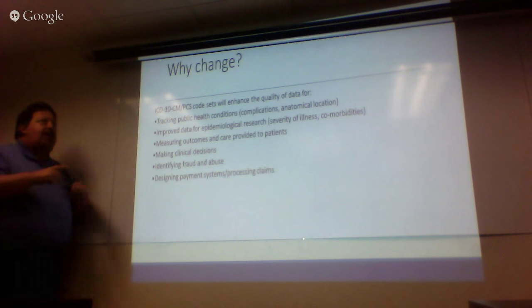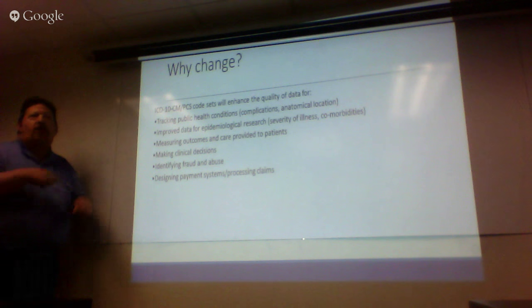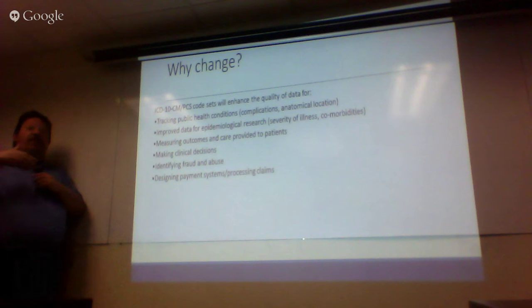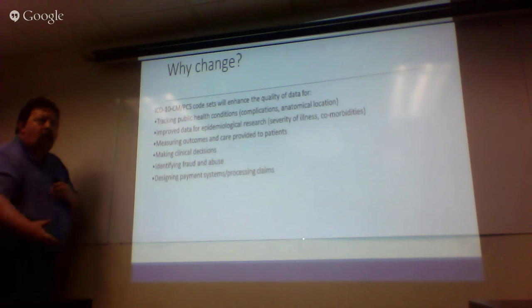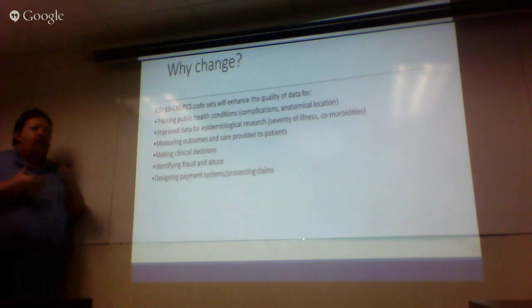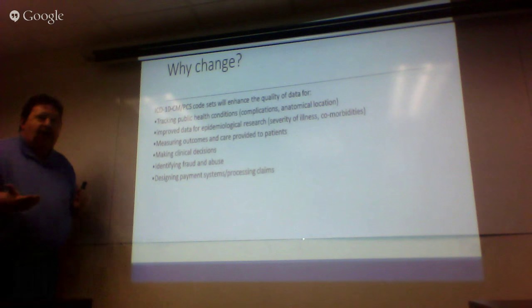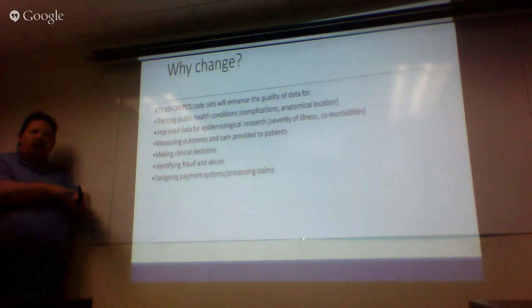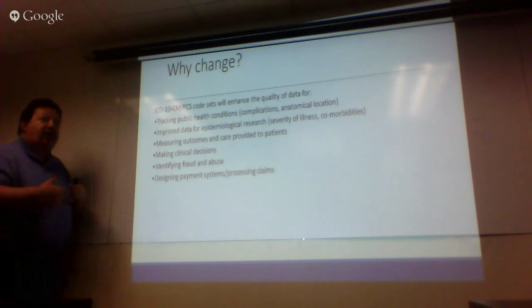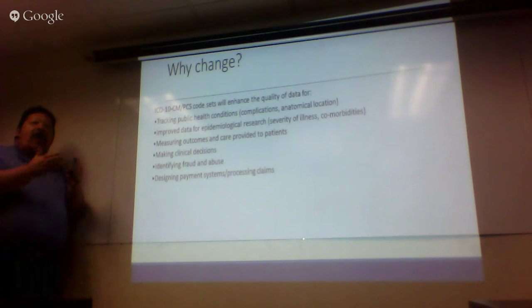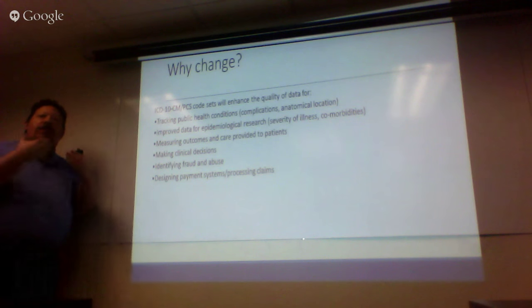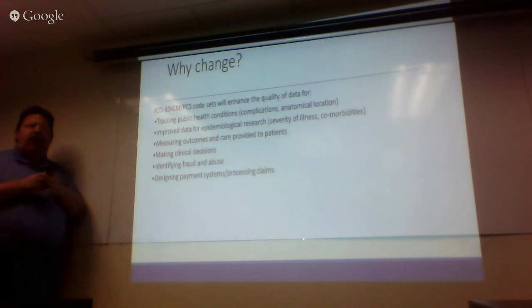If I said that somebody broke their arm on a simple trip, slip, and fall versus someone fell from the roof of a house, which one is going to make you think more about severity? Well, fell from the roof of a house. Same broken arm, but if you can include that data about how they fell and how they were injured, that points to a higher level of acuity that the doctor has to provide. With that code set, you can provide more granularity, more acuity.